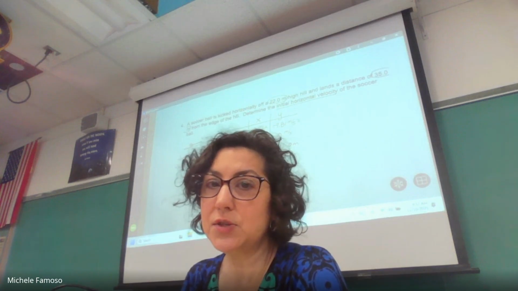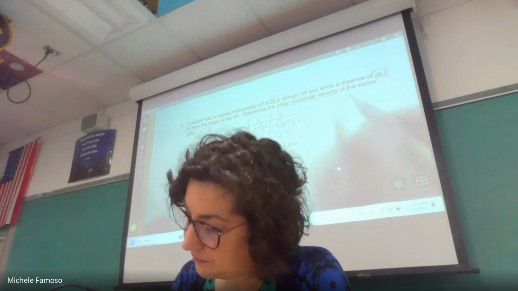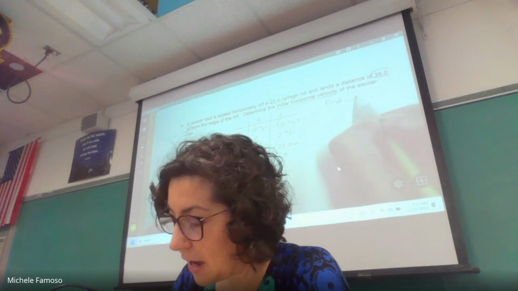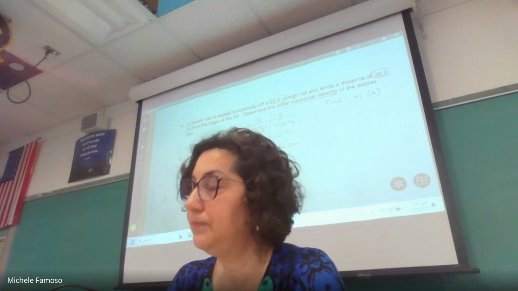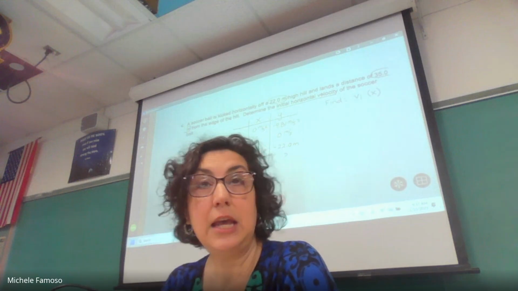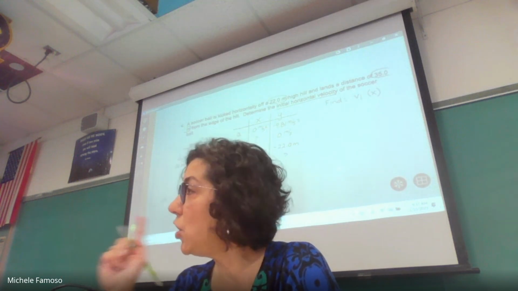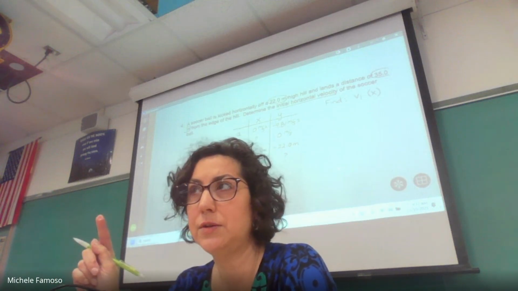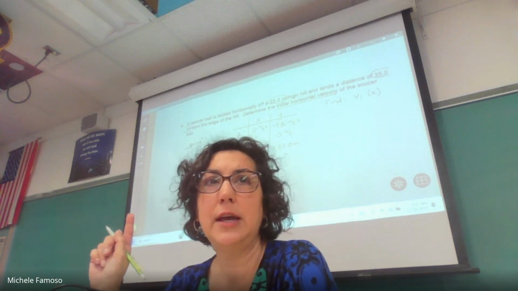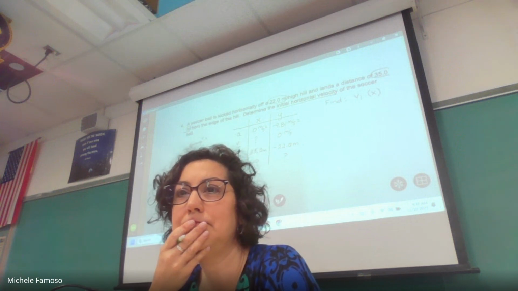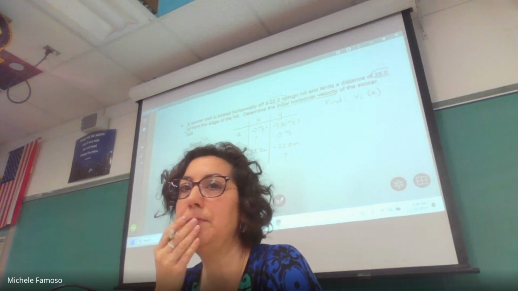Now, Jacob, what is this question asking you to find? The horizontal velocity. Yeah, so I'm asking you to find VI in the X direction. I'm going to tell you right now, you can't find it. If you remember in the notes, I told you always need to find something first, no matter what the question asks for. Alex, do you remember what you always have to get first? Look back at your notes if you don't remember.